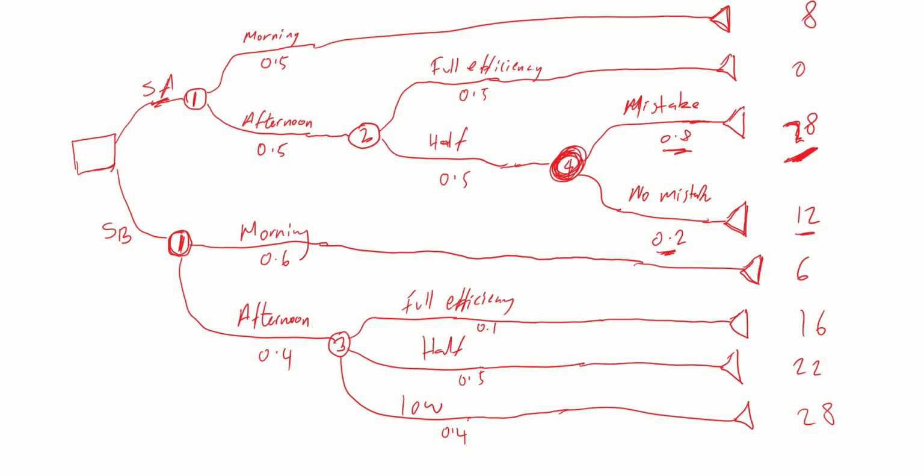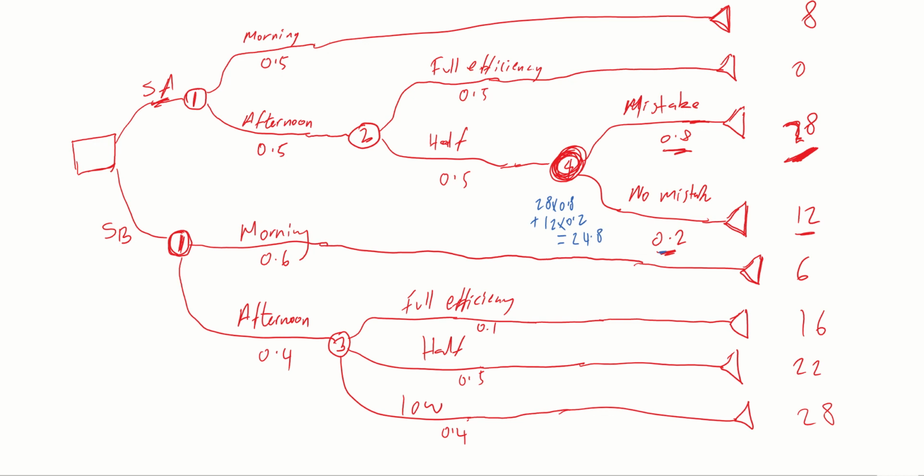I've got 28 multiplied by 0.8 plus 12 multiplied by 0.2. And the EMV at node number 4 would be equal to 24.8.